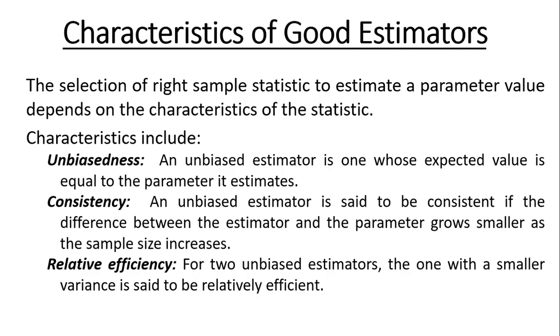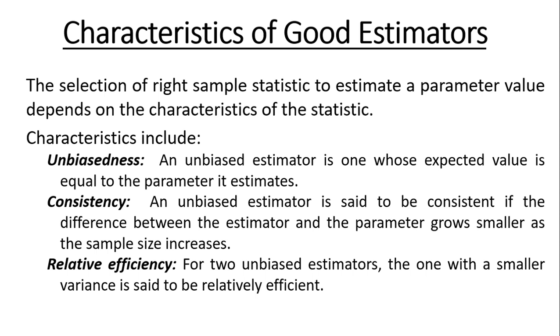For instance, if you get a sample mean of 30, the expectation of that sample mean must be the same as your population mean. We've shown that in our previous class, where we take the expression of x bar, expand it, and it gives us the population mean. This is what we refer to as unbiasedness.